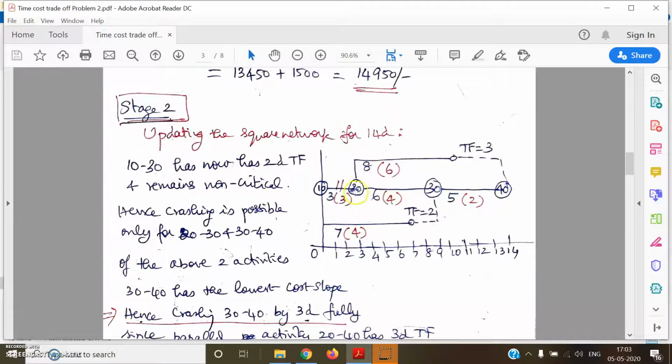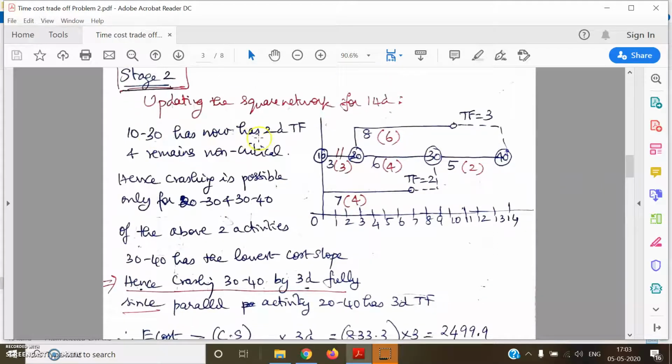So we have to crash only these two critical activities, 20-30 or 30-40, and see which has the lowest cost slope.